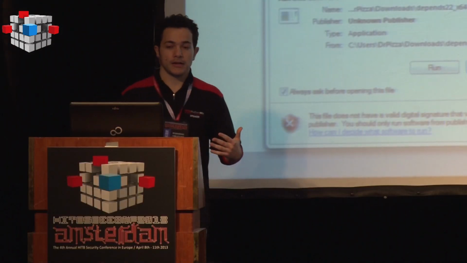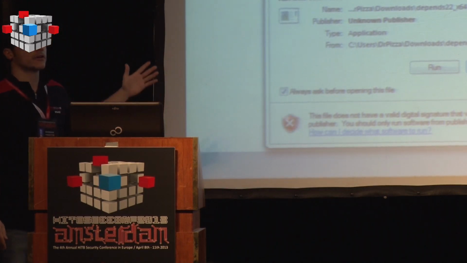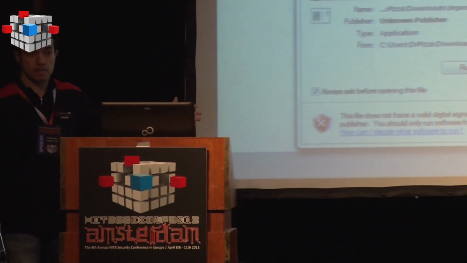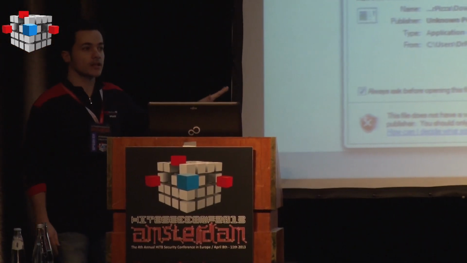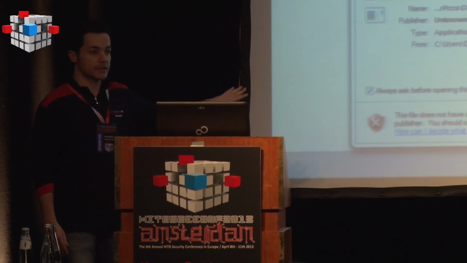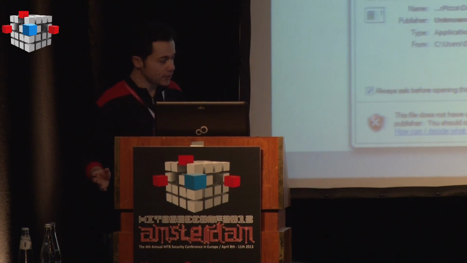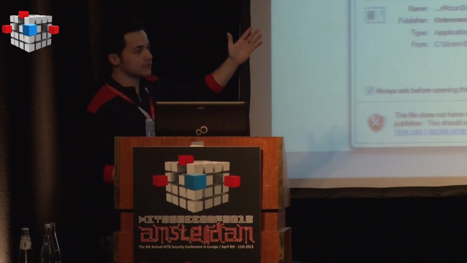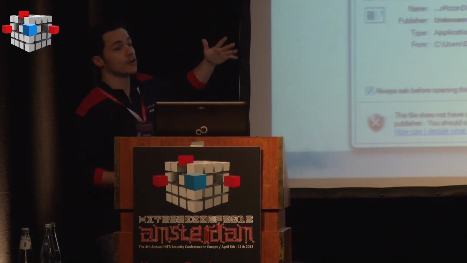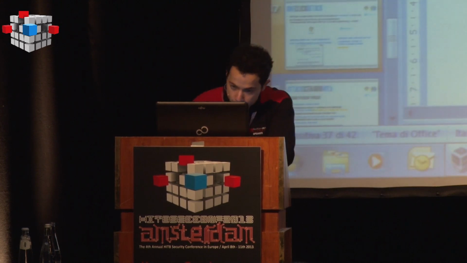On Windows 7, when you download a file and the file is not digitally signed, a security dialog like this will pop up, asking you for further confirmation before opening the file. On Windows 8, this kind of control has been suppressed, and a SmartScreen check will be performed instead. But I've already shown you how to bypass SmartScreen. So this means that in Windows 8, using this attack technique, you can get code execution by just making one click. Let's see this in action.